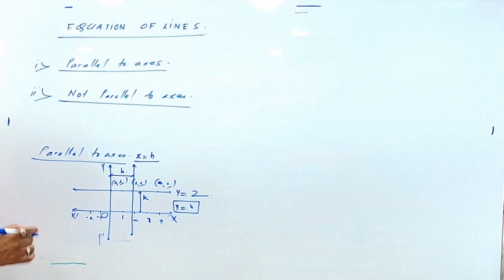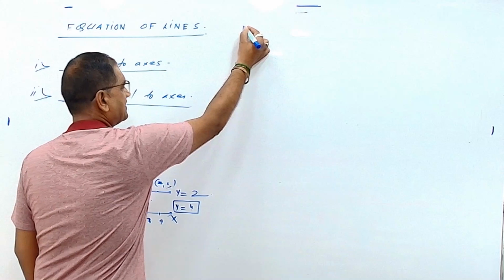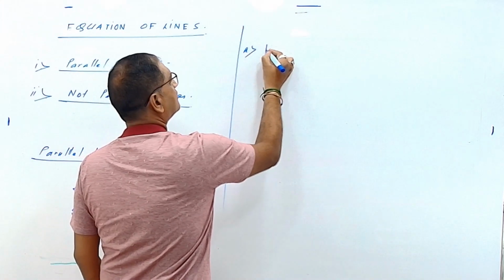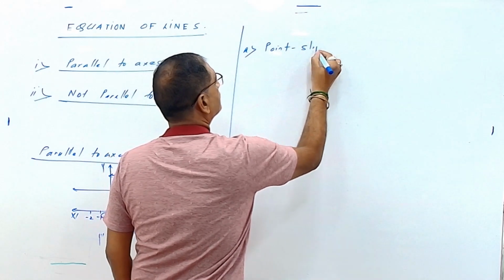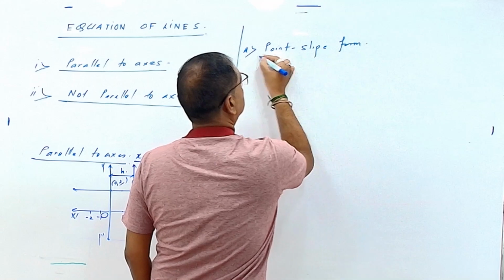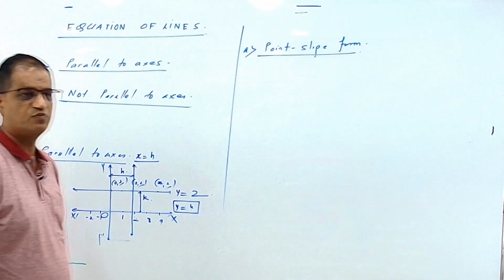Now, this is all about if the line is parallel to axis. Not parallel to axis: point slope form.